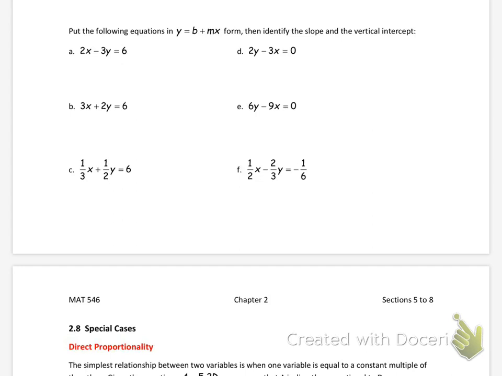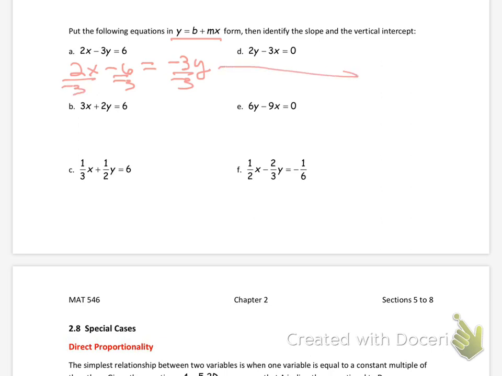Okay, we're going to try a couple of these. They want us to change the form to slope-intercept form. So the first thing I would do is move my y. So I have 2x minus 6 equals negative 3y. I would divide everything by negative 3. And so what am I going to get?